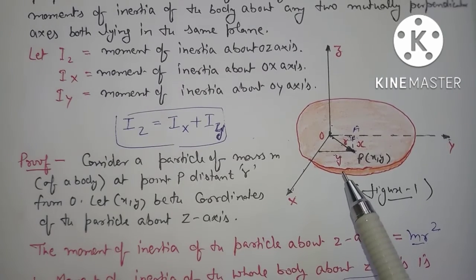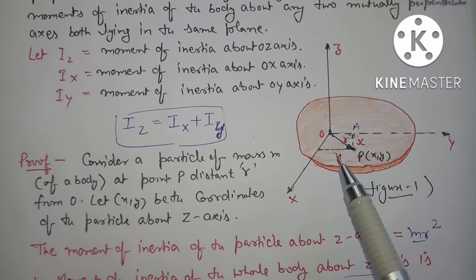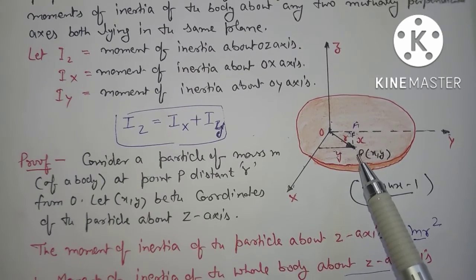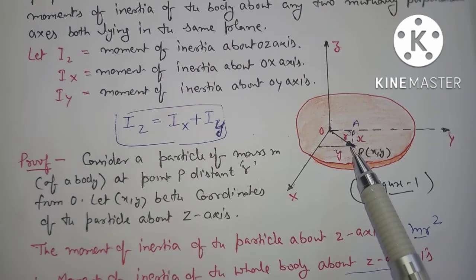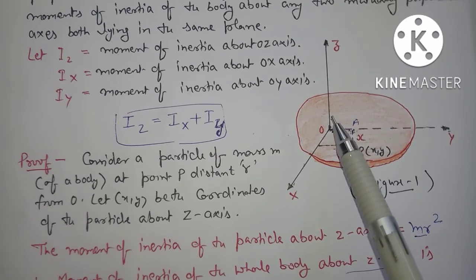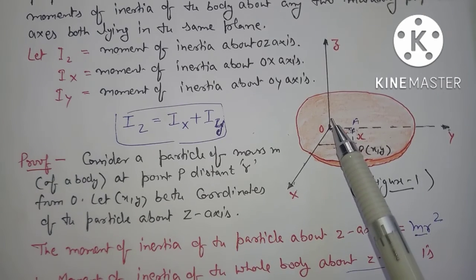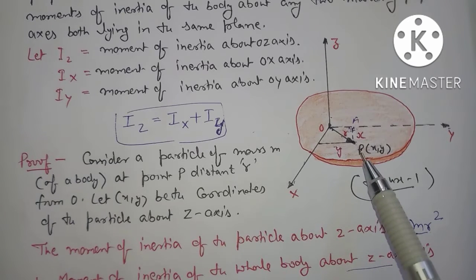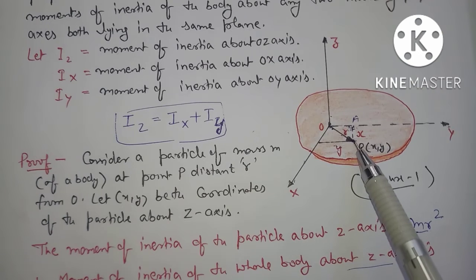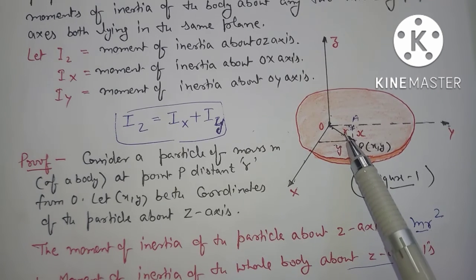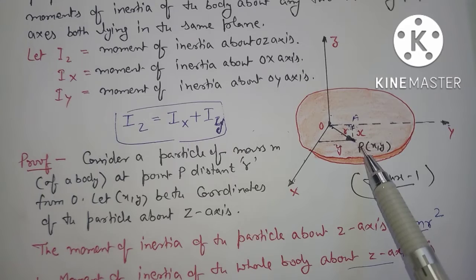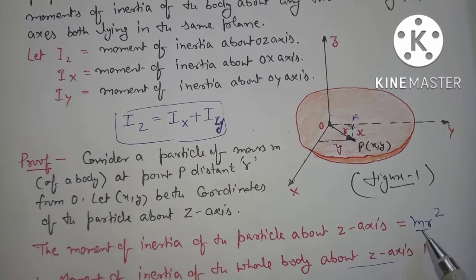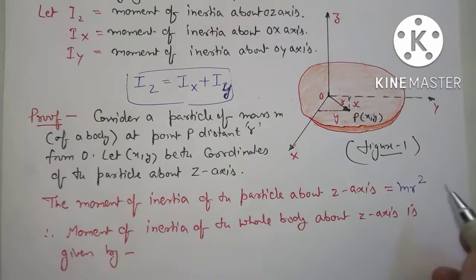We know that the moment of inertia of a body is equal to the product of mass and square of the distance from the axis. So here the moment of inertia along the z-axis is equal to m r squared, because the distance of this particle from the z-axis is r and the mass of the particle is m.